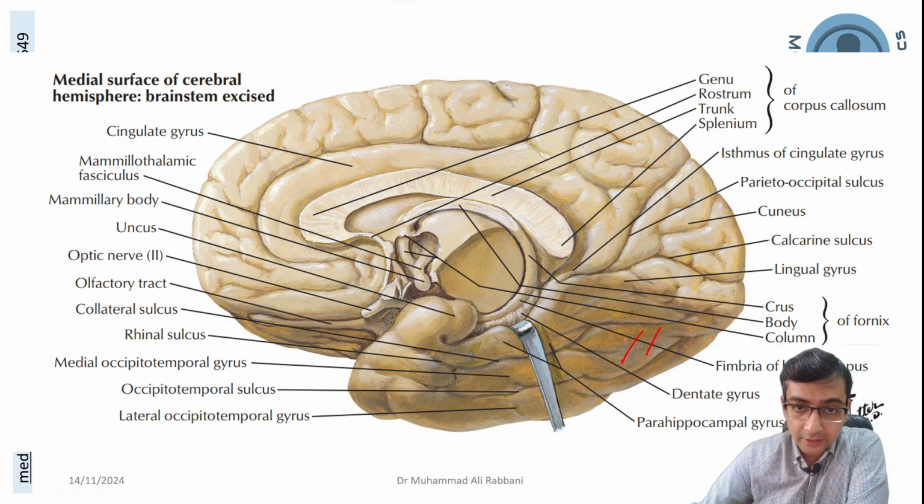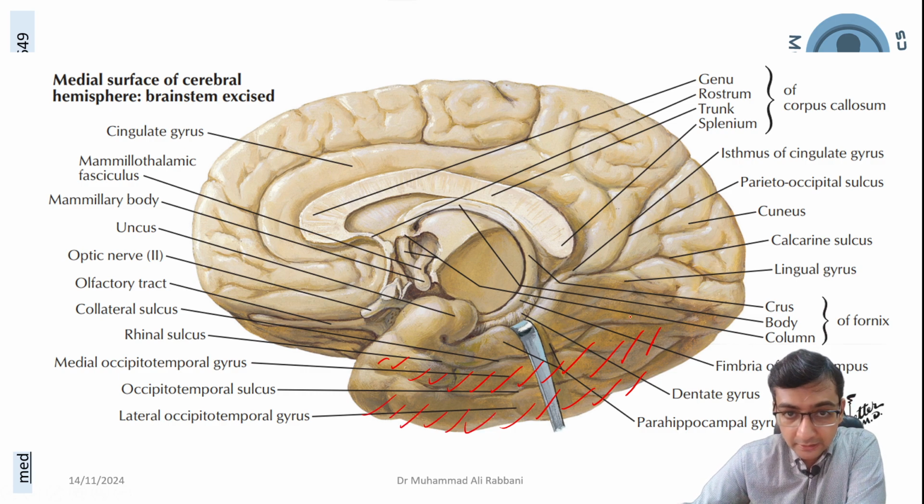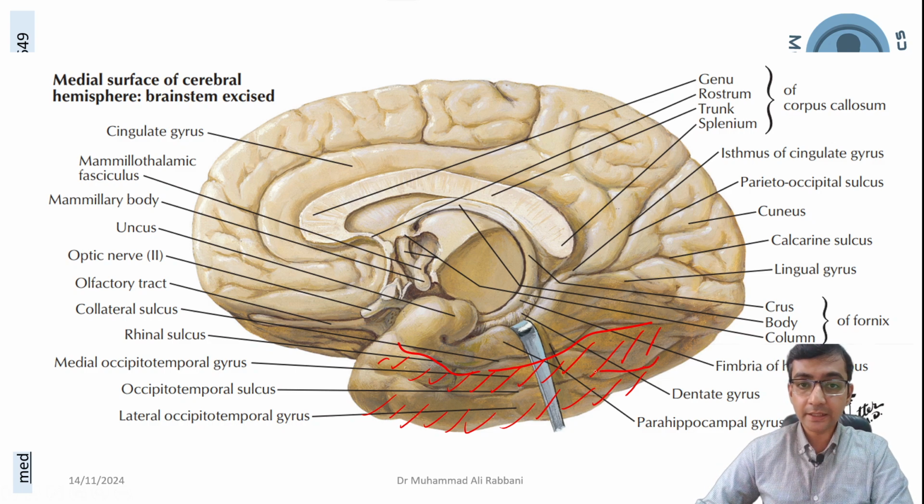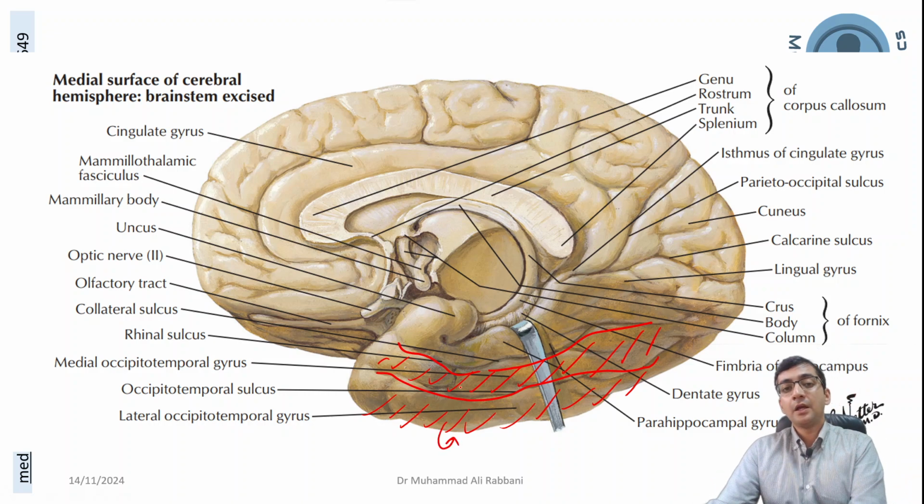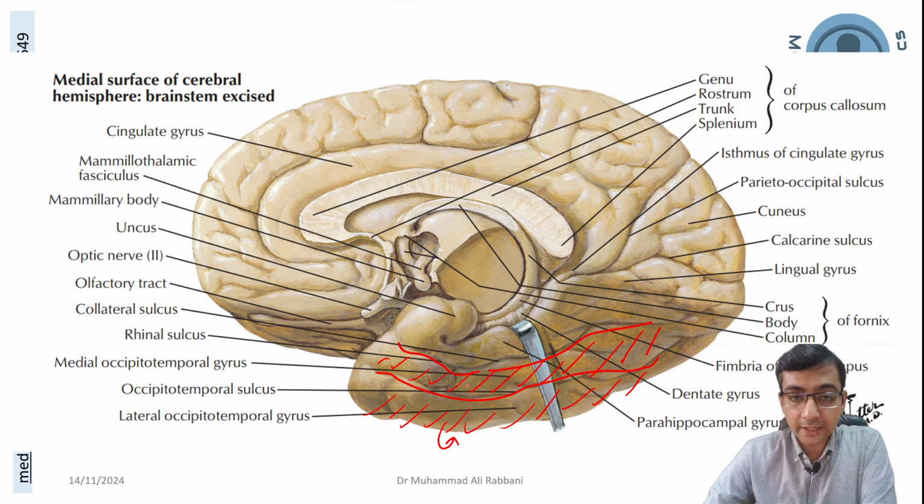Then lateral to it, the gyrus that is present is the medial occipitotemporal gyrus, and lateral to that there is the lateral occipitotemporal gyrus. Between the medial and lateral occipitotemporal gyri, there is the occipitotemporal sulcus, and this lateral occipitotemporal gyrus seamlessly continues as the inferior temporal gyrus of the lateral aspect.